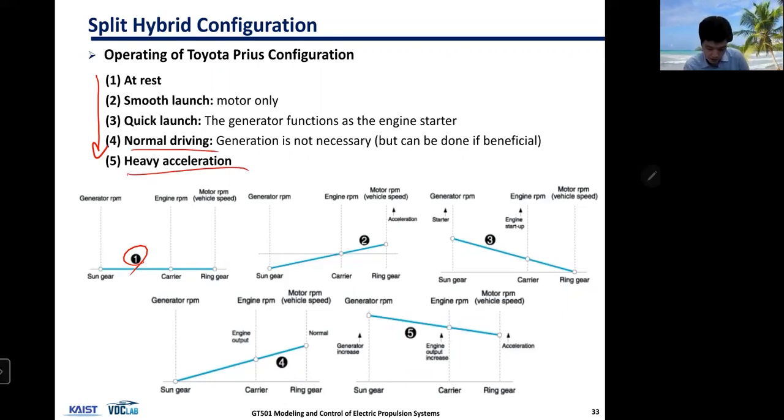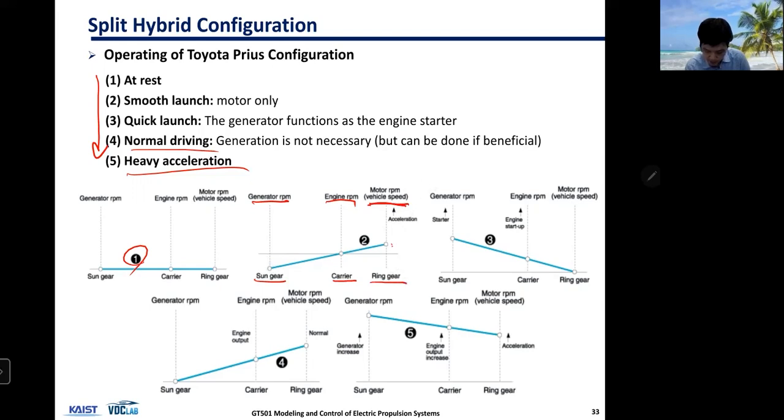So smooth launch means EV mode. By the way, the generator is connected to the sun, the engine is connected to the carrier, the traction motor is connected to the ring.